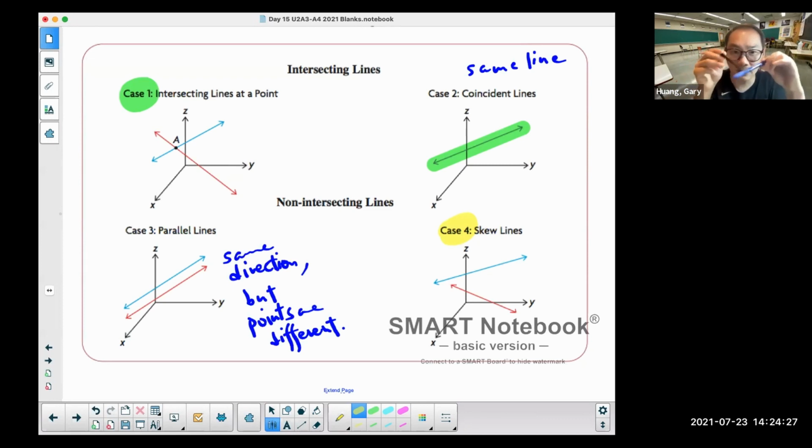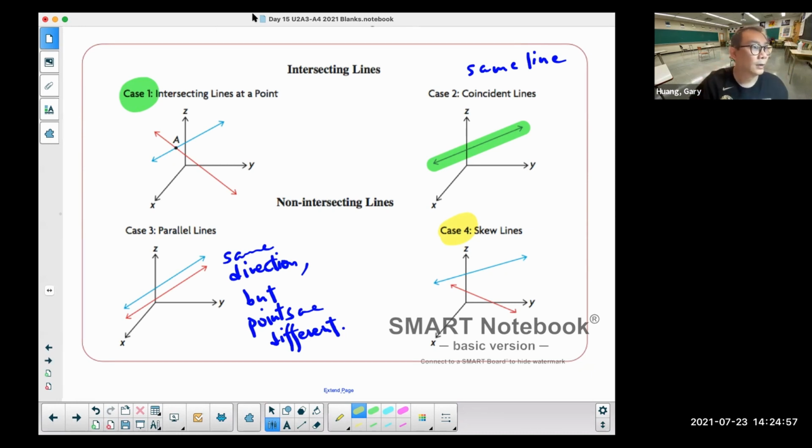So anytime 2 lines are not touching, but they are not parallel, then it's called a skew line. Right? You can be like this. You see a big gap. They're not parallel to each other, but they're not touching. There's a million examples of that. But if I turn it a little bit to you, because it's 3D, it may seem like they are touching, but they're not.